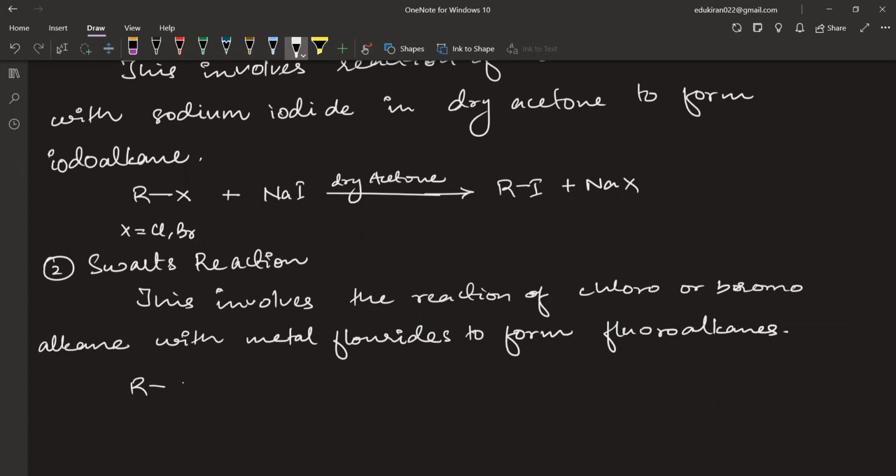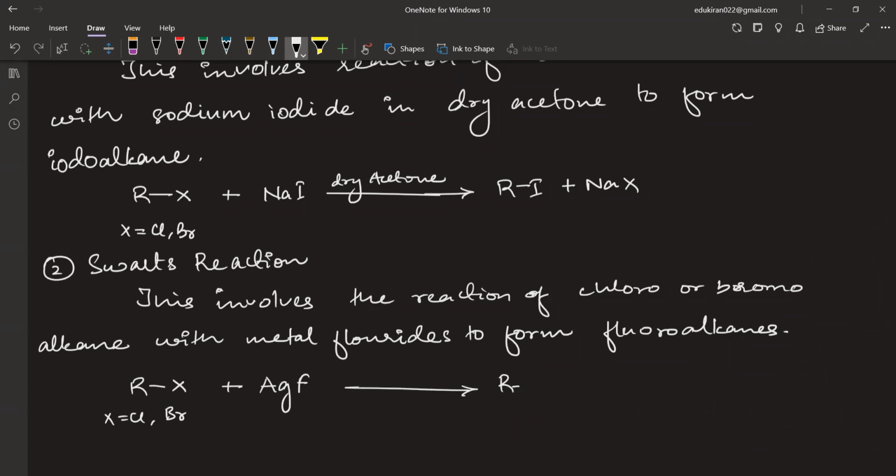So this will be RX, again X is chlorine or bromine, plus a metal fluoride. You can write MF here. Wait a second, don't write MF. It can be AgF.